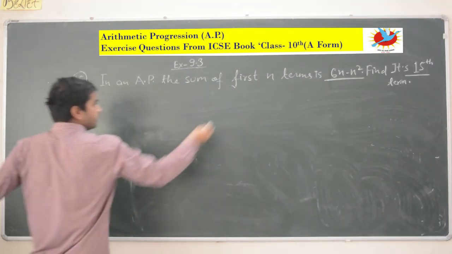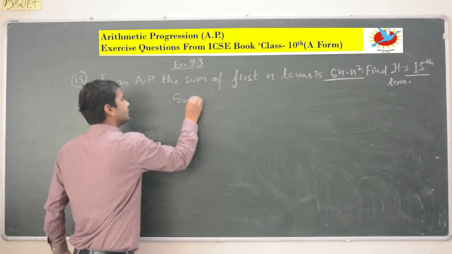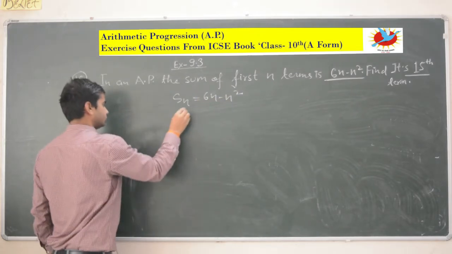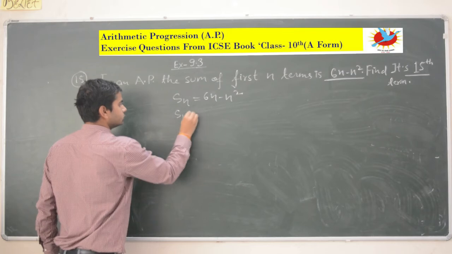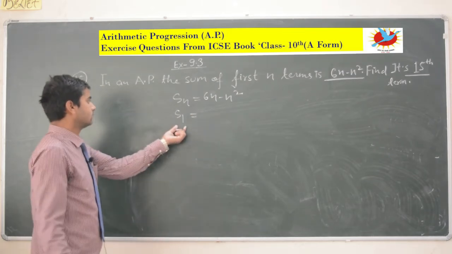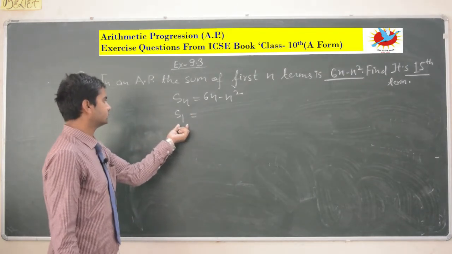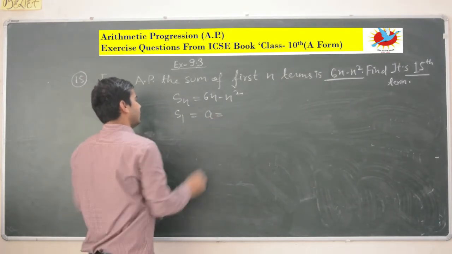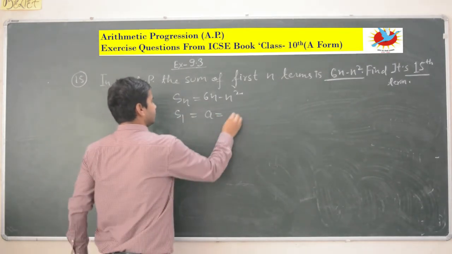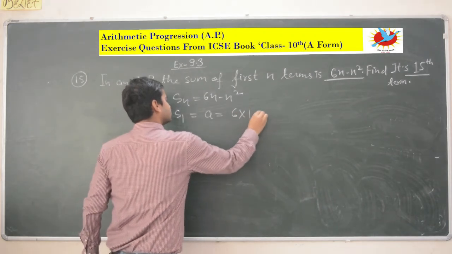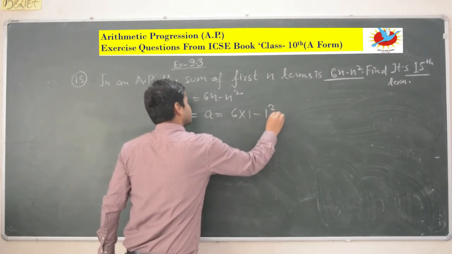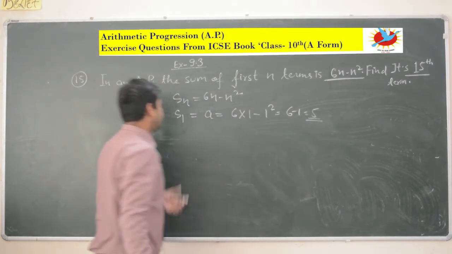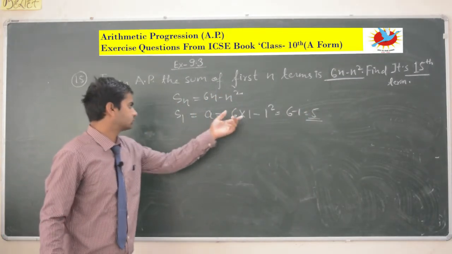Here Sn is 6n minus n square, and S1 means the sum of the first one term, that is the first term a. Put n as 1, so it will become 6 minus 1 square, so this is 6 minus 1, that is 5. So we got the first term of the AP, a, as 5.